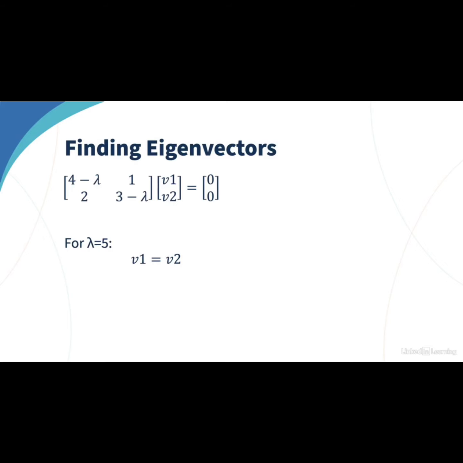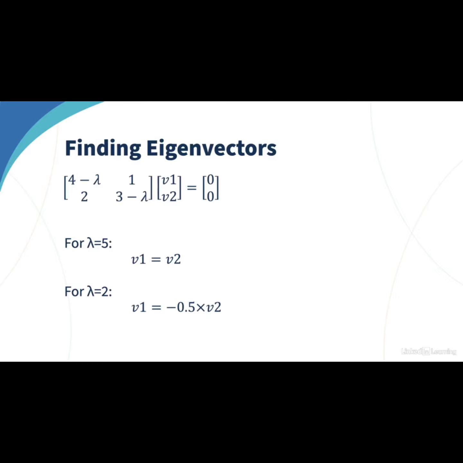So we have V1 and V2, any numbers that give us a value of 0 when multiplied by the matrix 4 minus lambda, 1, 2, 3 minus lambda. And then for lambda equal to 2, we identify V1 equal to minus 0.5 multiplied by V2.